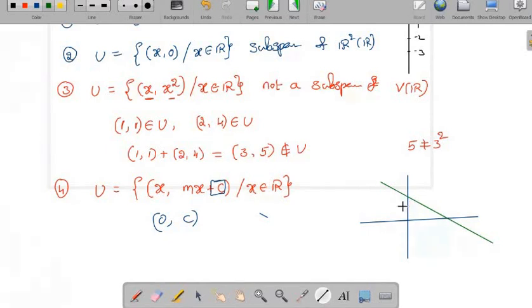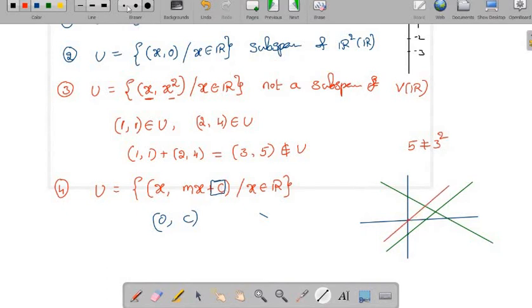If the slope is positive and the y-intercept is negative, you would have seen a graph like this. But these two are not passing through the origin. When the y-intercept is strictly positive or strictly negative, definitely it is not passing through the origin. So this line passes through the origin only when the y-intercept is 0. It means c has to be 0.